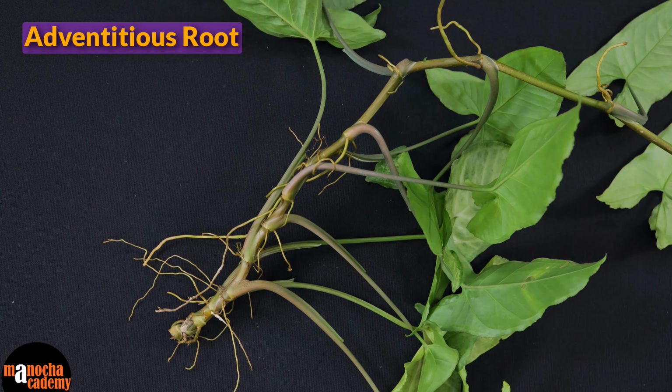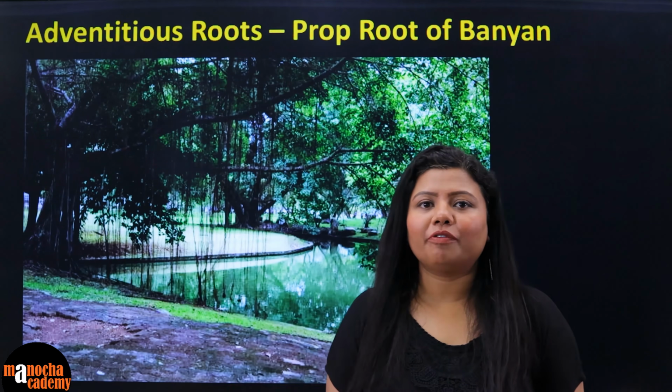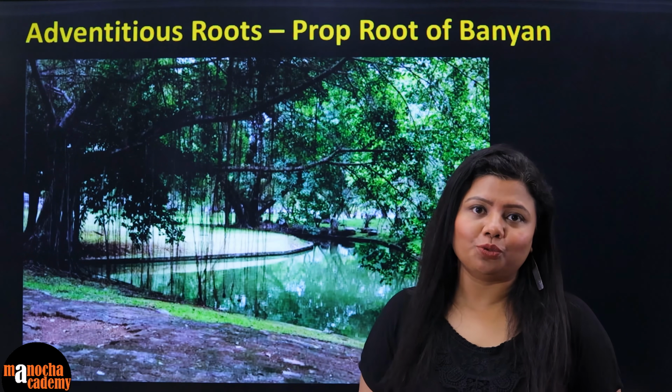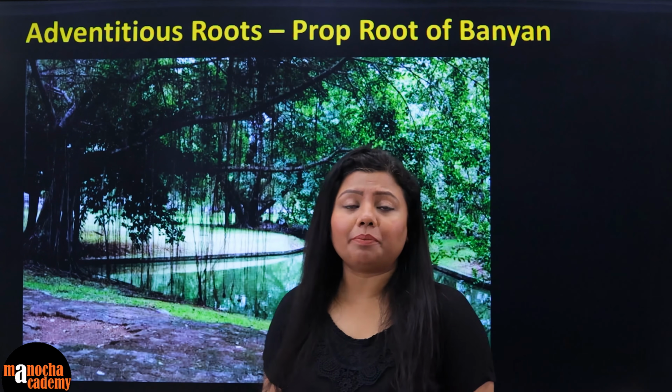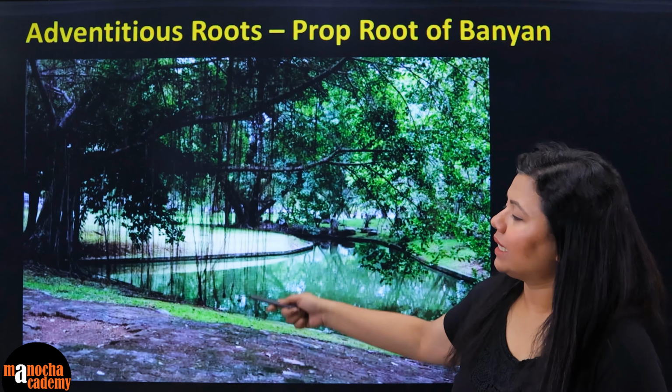You can find adventitious roots in different kinds of plants coming out from the stem, from the node of the stem, from the internode of the stem, even from the margin of the leaves. Let us have a look at some of the adventitious roots that we commonly see around us, but sometimes we do not even identify that it's a root. This is prop root.